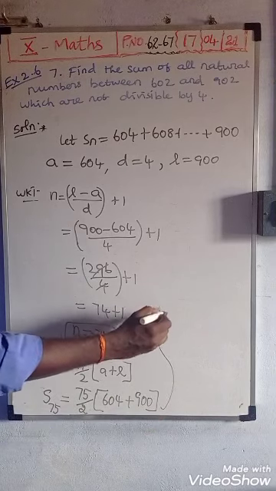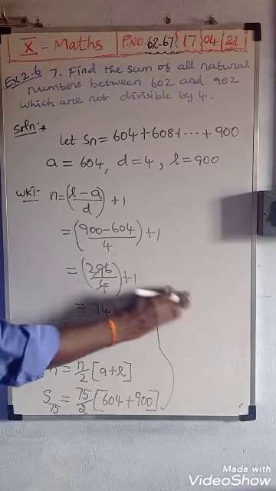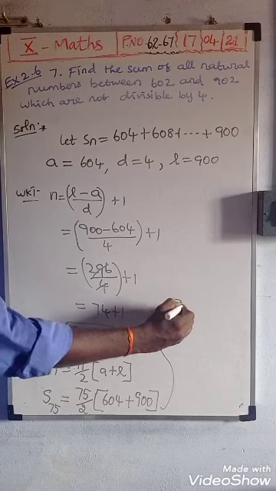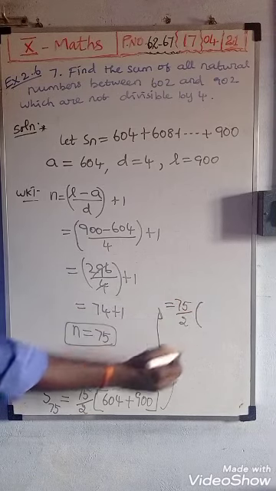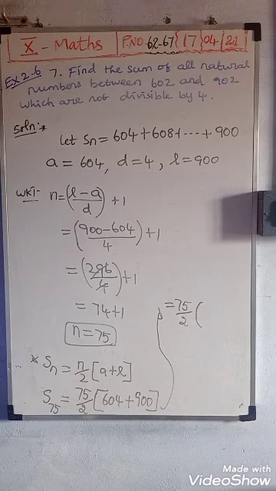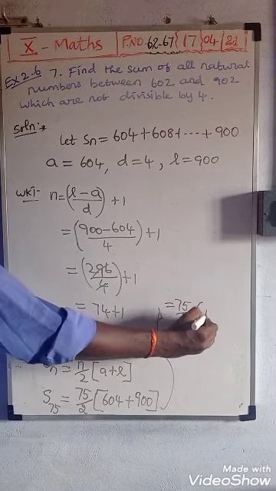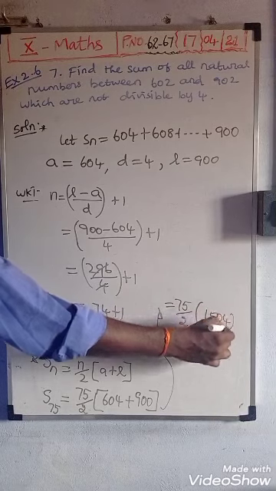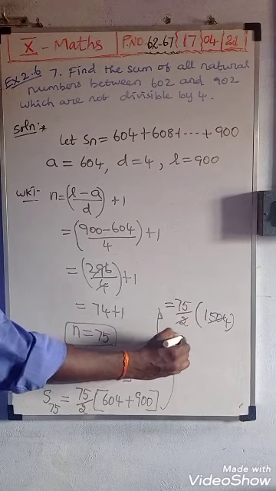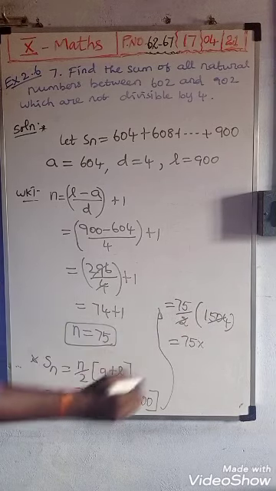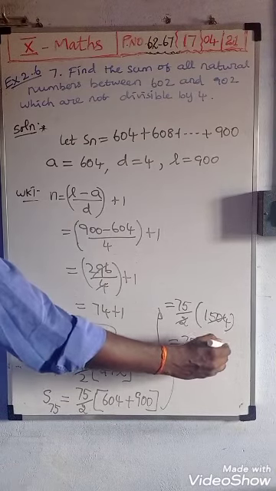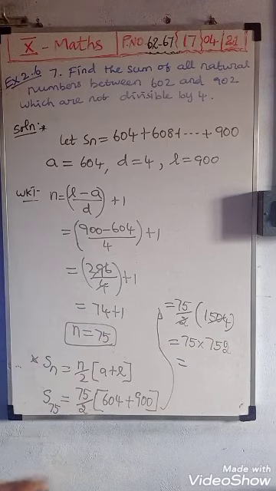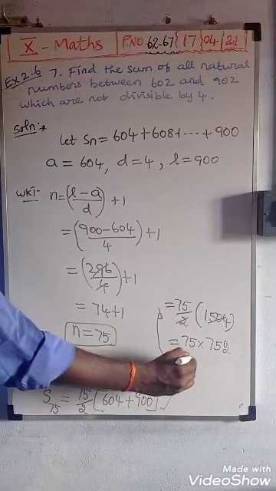After that, 75 by 2 we cannot cancel. Adding these two, we get 1504. So this 2 and 1504 we cancel, and 75 into 752, we will get the answer 56,400.